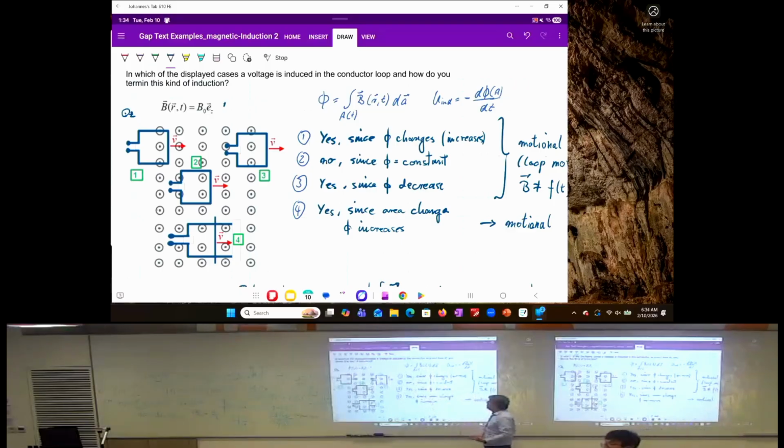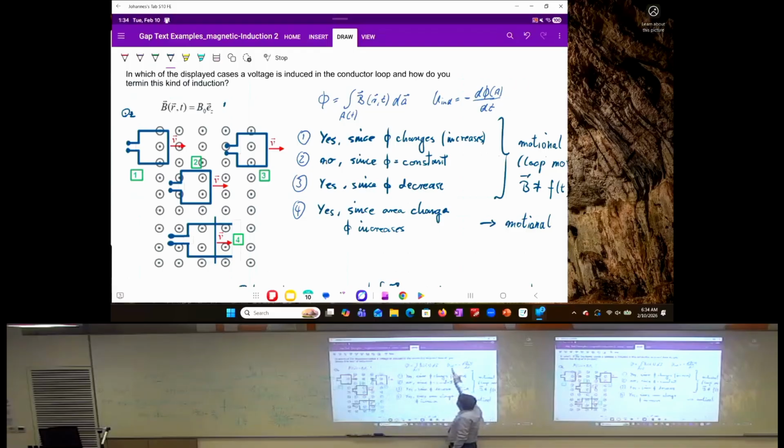So the total flux in the loop is obtained in this way, but you have to consider that your flux density can be position dependent and it can also be time dependent. And on top, the area of your loop possibly could change. That was this example where we are sliding that third wire and so enlarging that area.